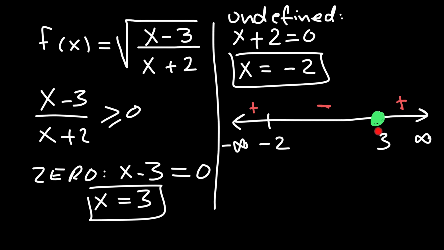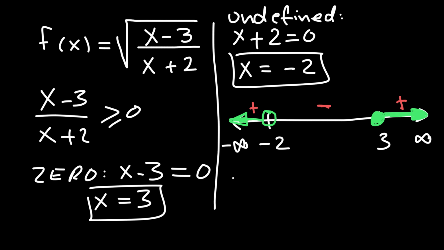So that's why we are making a closed circle. But our function will be undefined at minus 2, so we will keep it as an open circle. So now let us mark the values of x where our function will still be defined, and we will have a positive radical in range number 3 and range number 1.